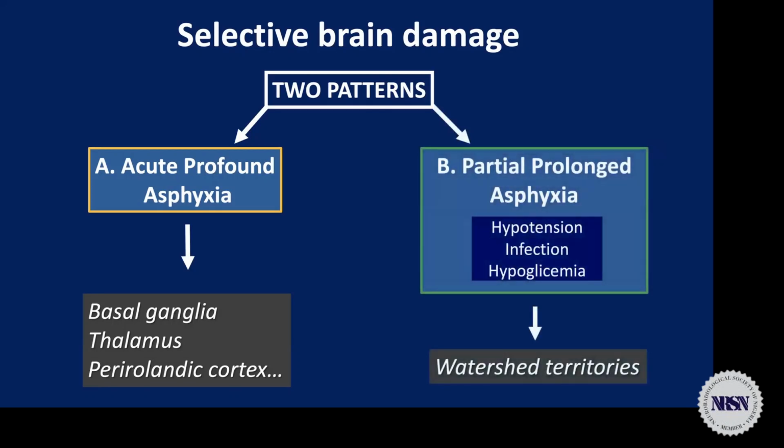And we have something that is probably secondary to partial prolonged asphyxia, usually together with hypotension or infection and or hypoglycemia, in which the damage is typically in the watershed territories.